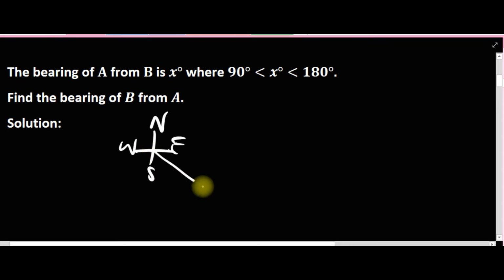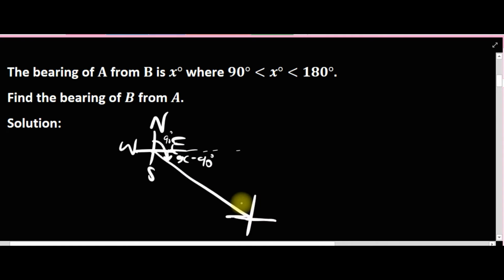It moves this way, because the angle here is between 180 and 90. That's our x. If here is x and here is 90, then here is x minus 90 degrees. You get the logic? The total is x.